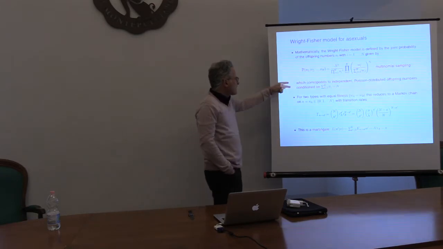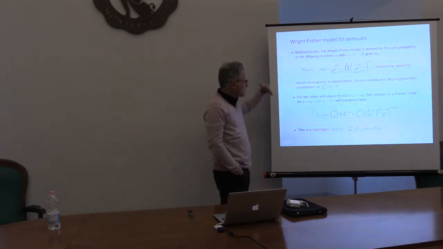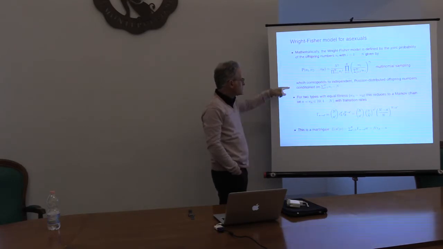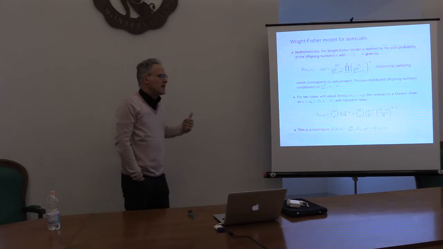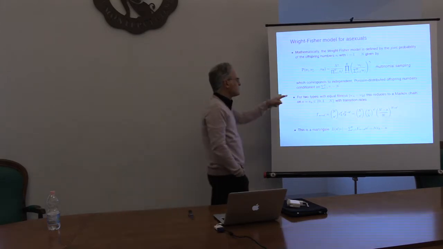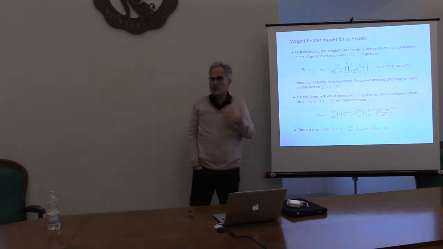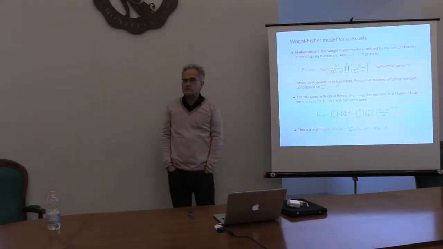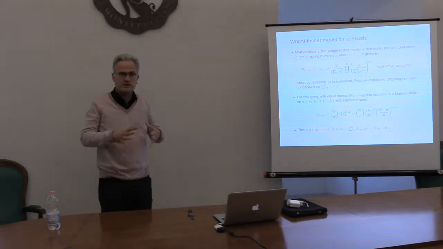Another way of thinking about this, which is maybe more realistic than choosing parents backward in time, is that you start with Poisson distributed offspring numbers, and you condition the process on the total population size being constant, and then you end up with this formula. So that's what you do.